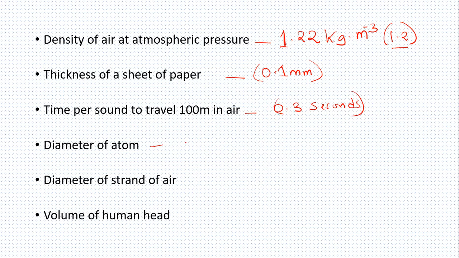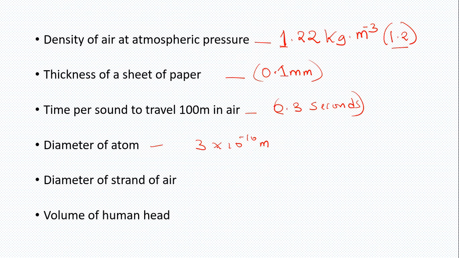Now, the diameter of an atom. All of you know about atoms. When you talk about the diameter of an atom, we are talking about 3 times 10 to the power negative 10 meters. What about the diameter of a nucleus?